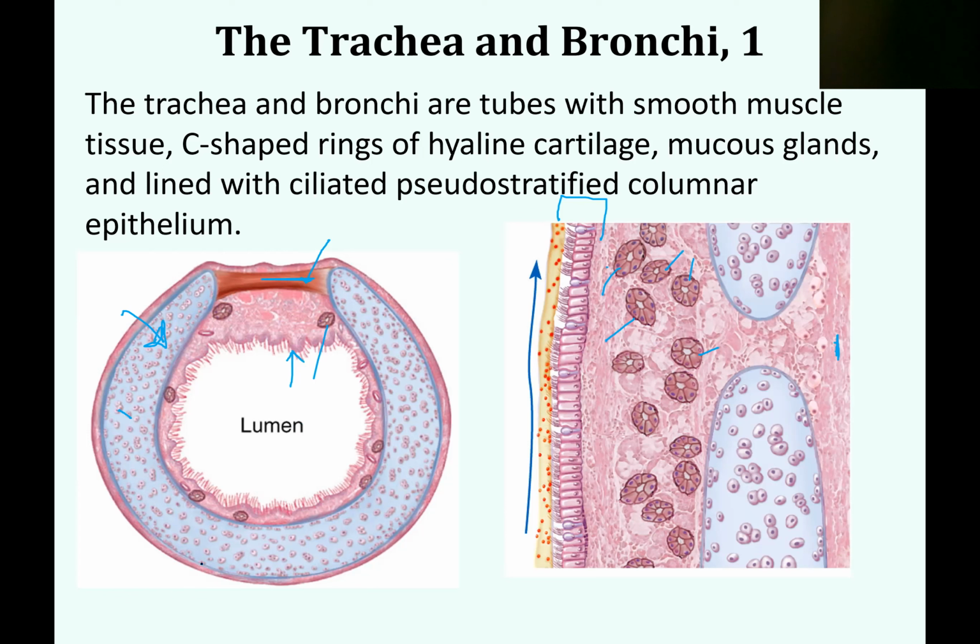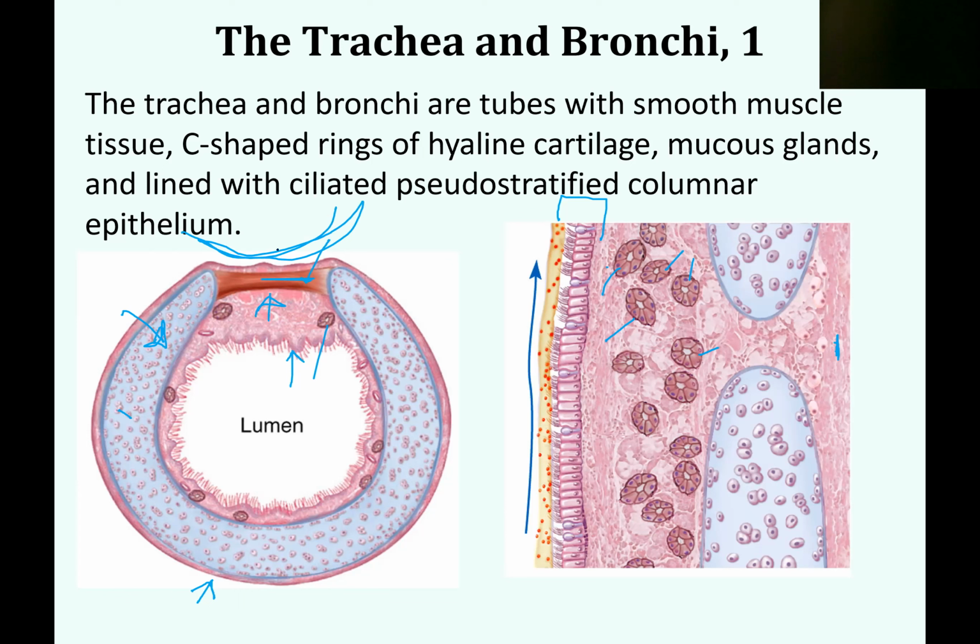C-shaped rings of hyaline cartilage. Okay, the C shape, this would be the anterior side, and this would be the posterior side. So the open end of the C is on the posterior side, and that's because the esophagus sits here.